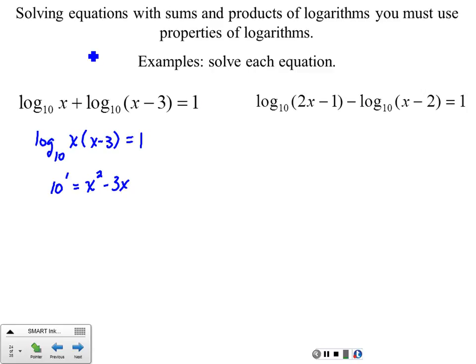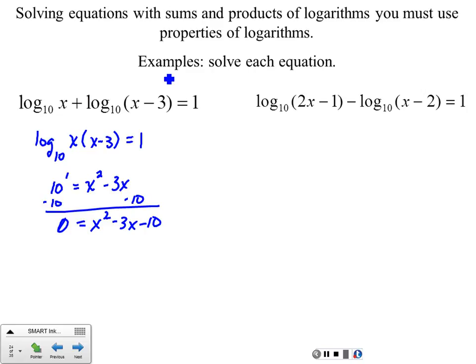Alright, so 10 to the first power is just 10, right? That's no big deal. But we see that we have a quadratic. And anytime you have a quadratic, what do you want to do? If you're solving a quadratic, what's the first thing you always need to do? Yeah, get it set equal to 0. So I'm going to subtract 10 from both sides. So I'm going to have 0 is equal to x squared minus 3x minus 10. And we've already talked about this semester. You know how to solve a quadratic.